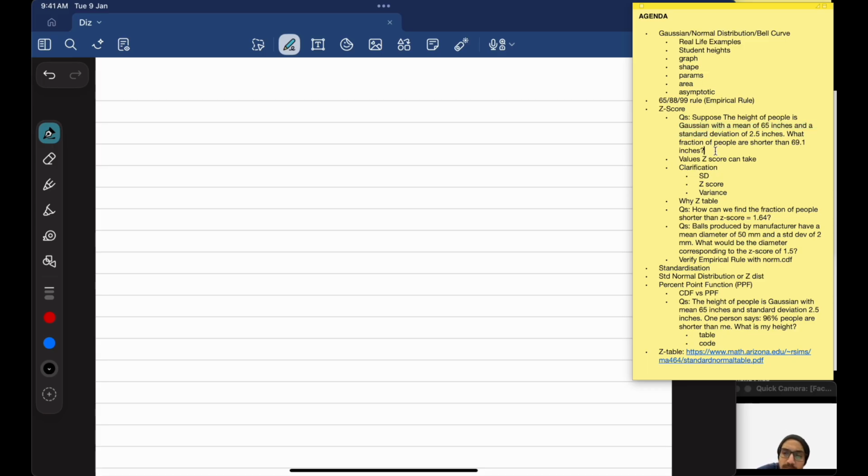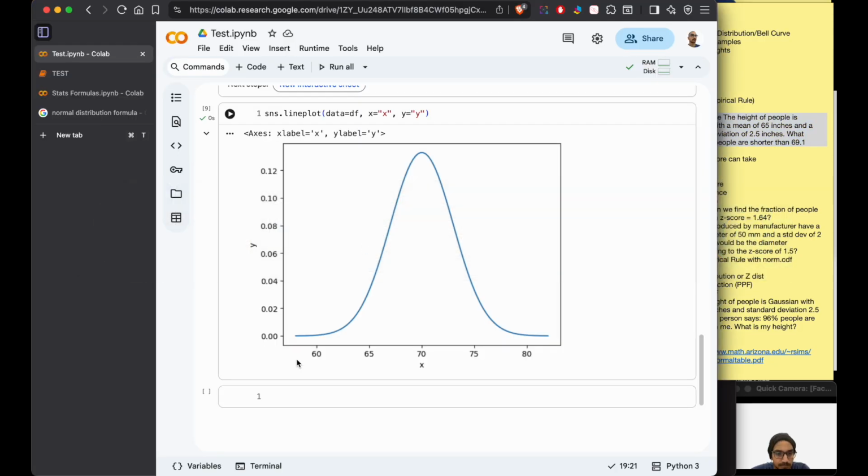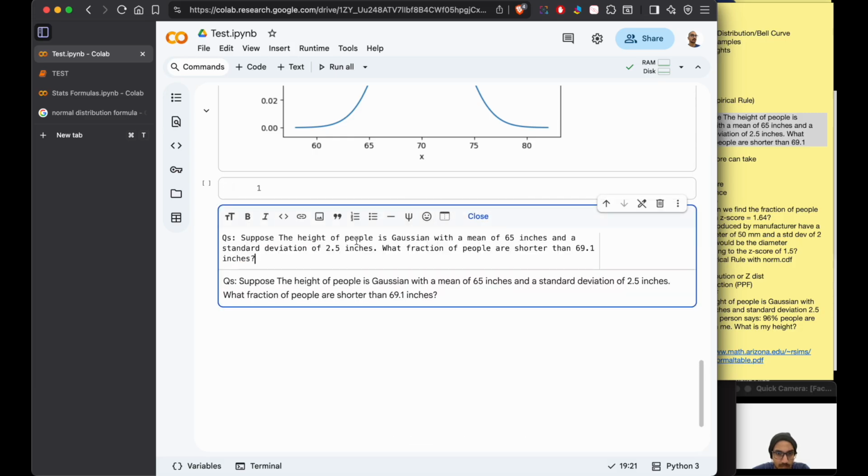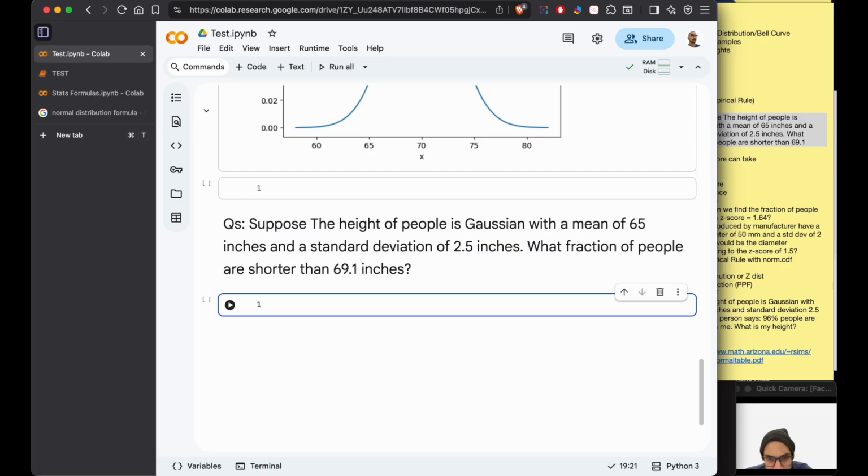So the question is, suppose the height of people is Gaussian with a mean of 65.